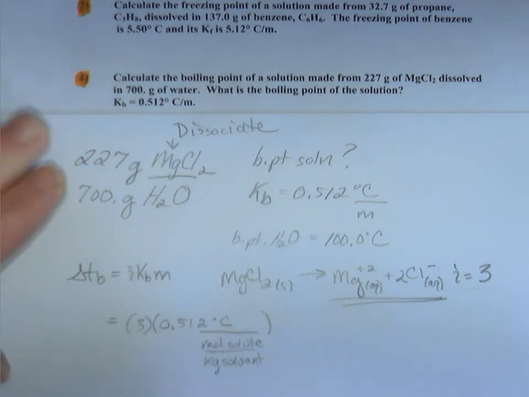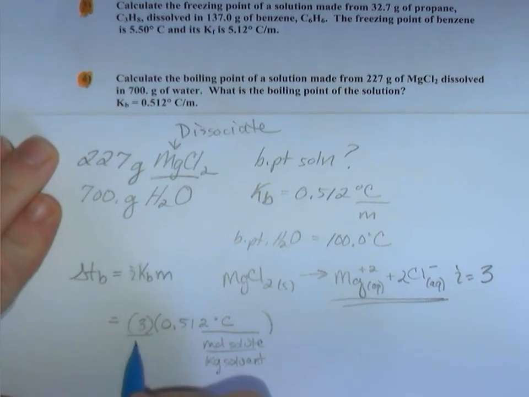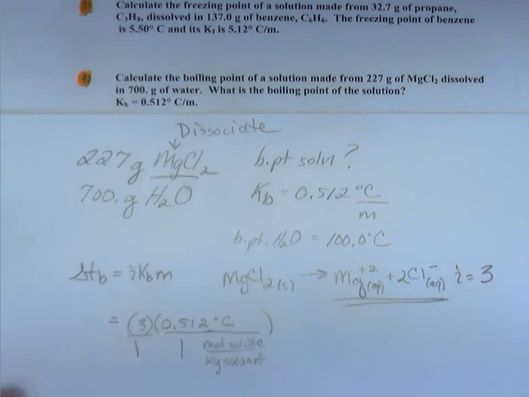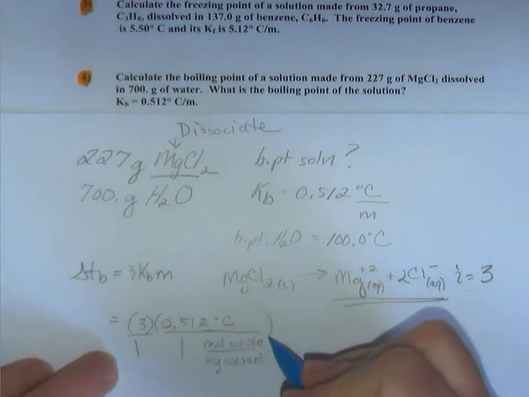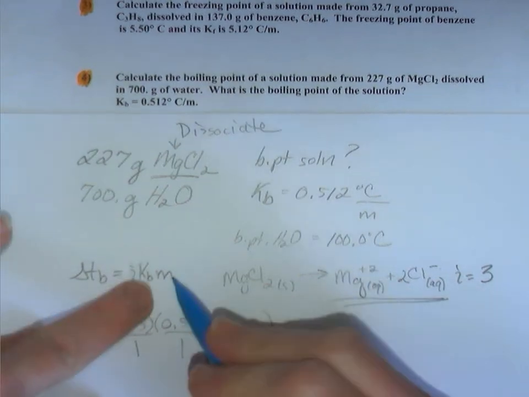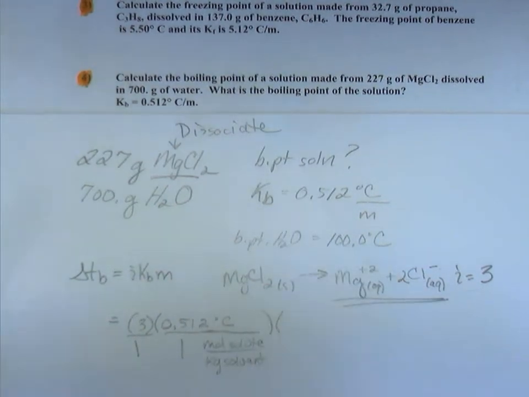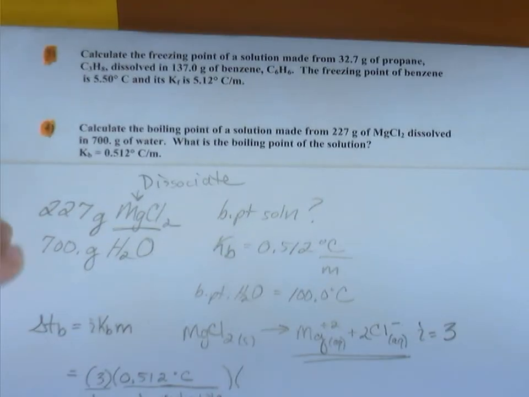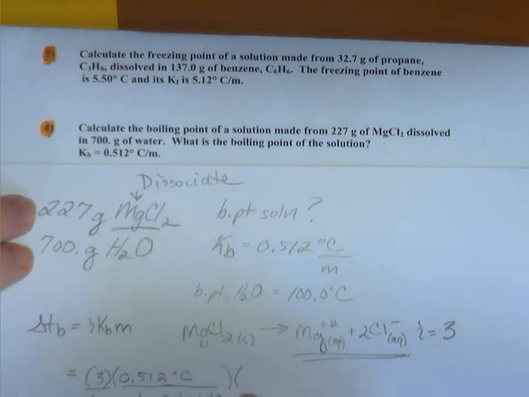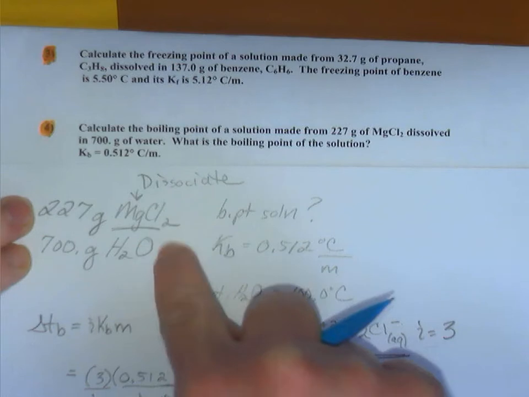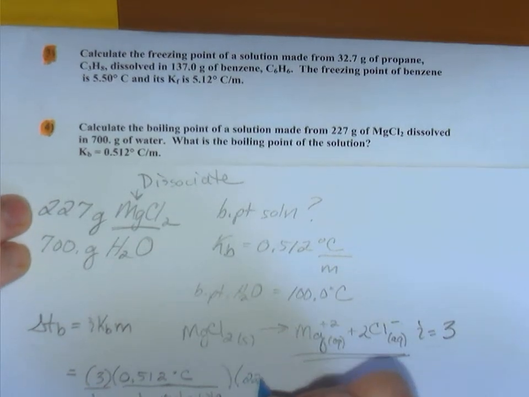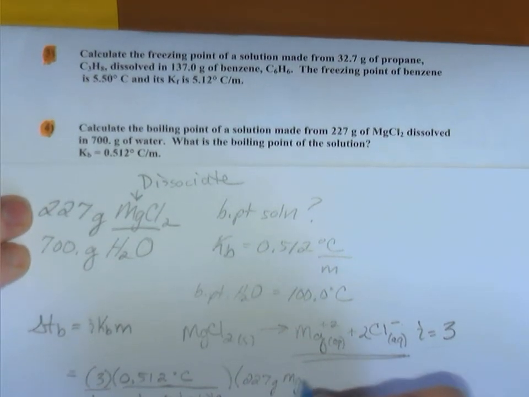If you want, we could put this over 1 and this over 1 so we can see how we're setting up the problem. All right, we are then needing our molality. Let's go ahead and find it as part of our problem solving. Molality is mole of solute. I don't have that. I just have grams of my magnesium chloride.